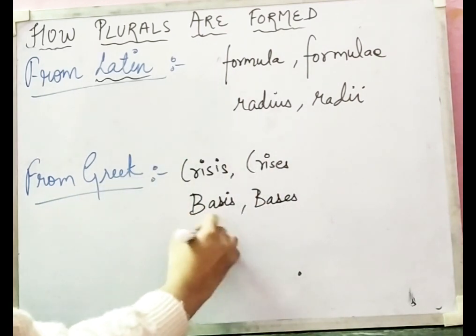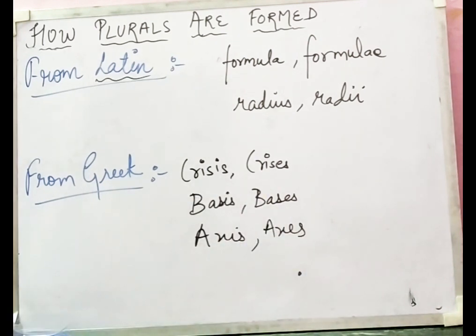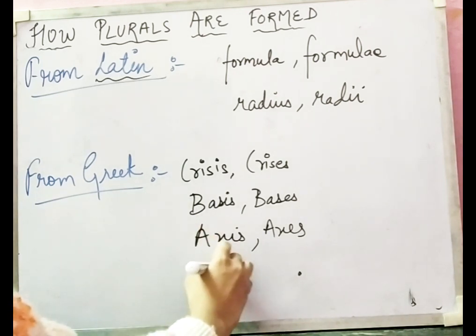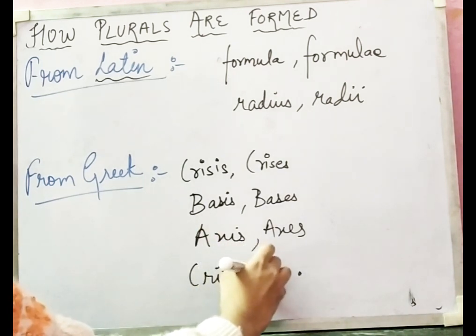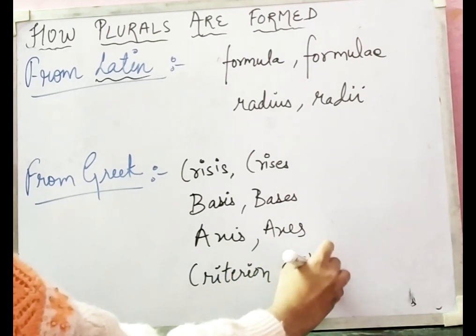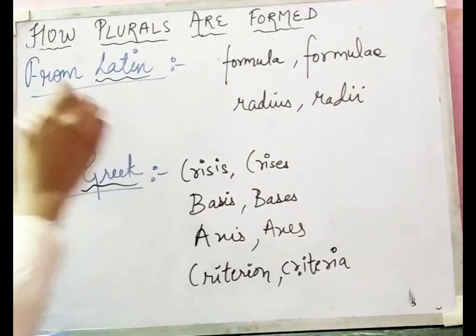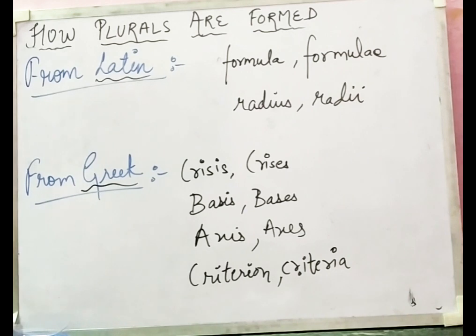Similarly, axis, axes. Similarly, criterion and criteria. These are some words that come from Greek that are plural. Nouns taken from foreign languages keep their original plural form. Okay, I think this much is clear to you.